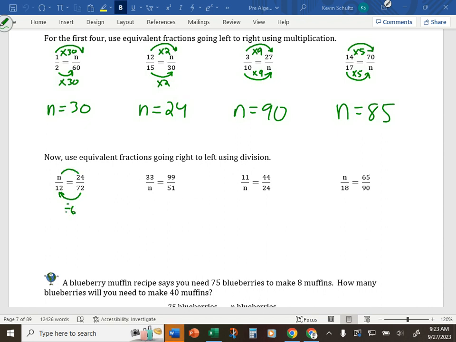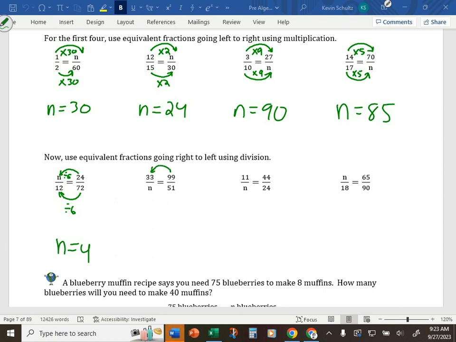So in our numerator, 24 divided by 6 equals 4. And it's 4. Now you could have also done, well, I know that 12 times 6 is 72, so what number times 6 is 24? You still get 4. Okay? Multiplication and division are interchangeable operations in this sense. But the way it's set up, you might want to use division instead of multiplication.